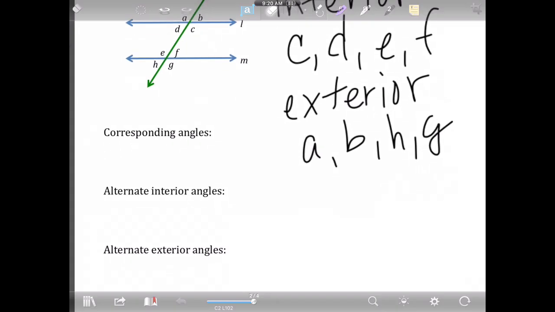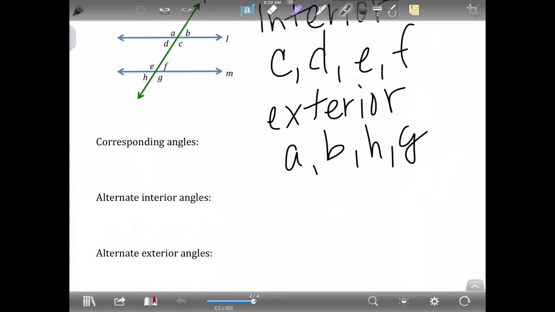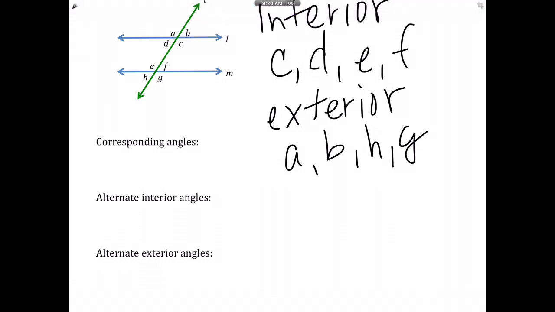Okay, so corresponding angles we know are the same measure. They correspond to each other. We've already figured out that A would be the same as C, and all the way down here, G is the same measure as A. It's facing it in a way.